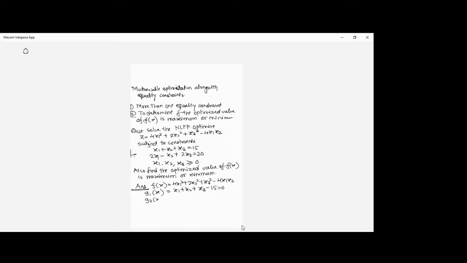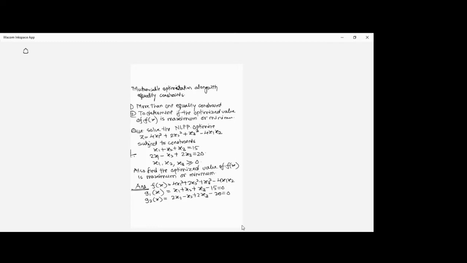We also have g2(x), which is 2x1 - x2 + 2x3 - 20 = 0, right? So yesterday we saw that g1(x) and g2(x) are nothing but the constraints.